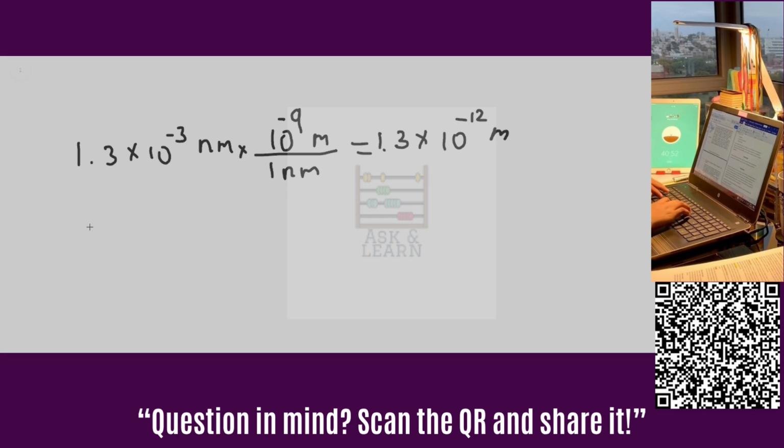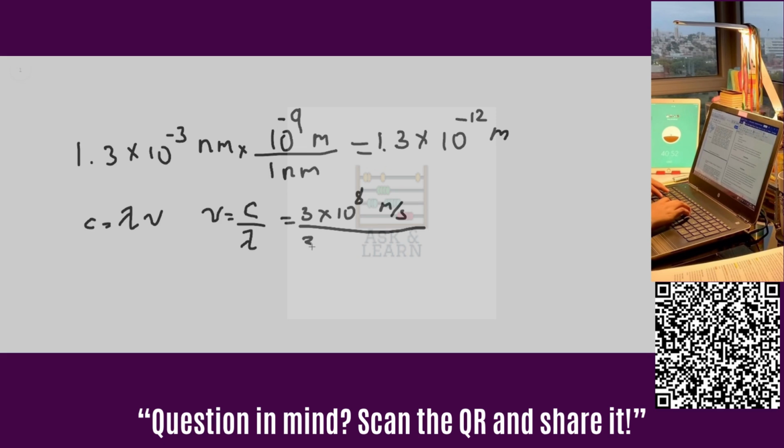All right, next one, converting using the speed of light, lambda nu, to look for the nu, which is frequency, is basically C over lambda. C is 3 times 10 to the 8 meter per second divided by lambda.